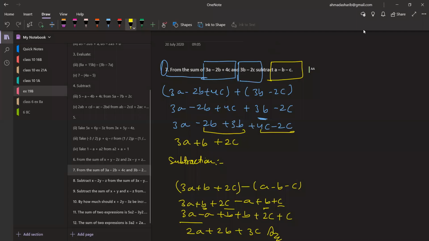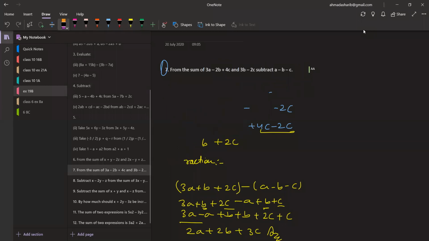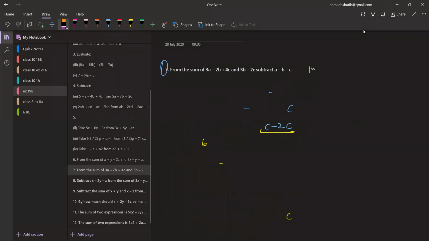Question number 7. If you want me to explain this question again, I'm explaining this again. Look at this again very carefully, how to do this. The question is saying find the sum of this and this.